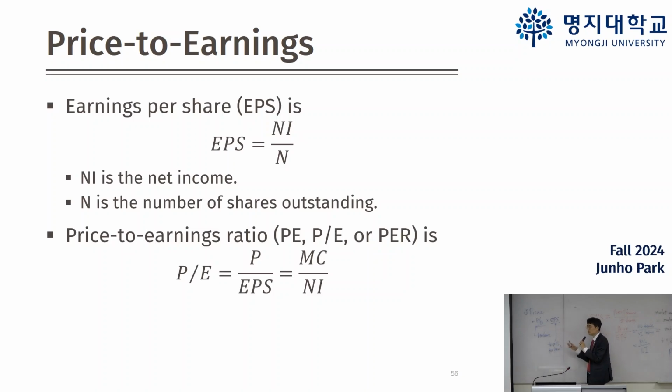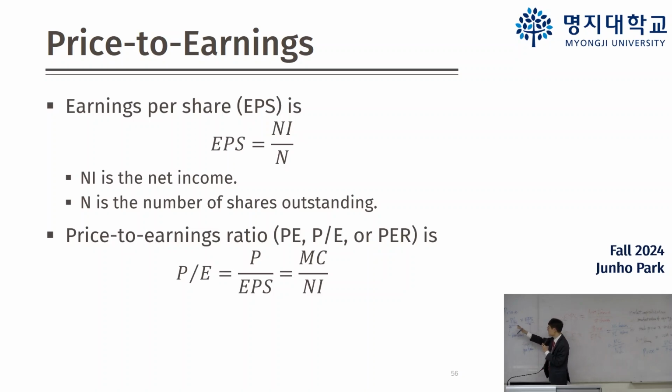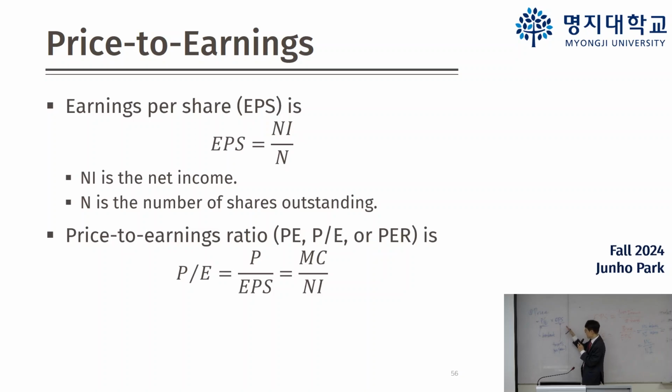So if we have the pro forma statements, then we can use the EPS from that pro forma statement. But if we don't, we can just use the actual EPS. And then by multiplying the PE ratio of the benchmarks with the target EPS, we can calculate the stock price.